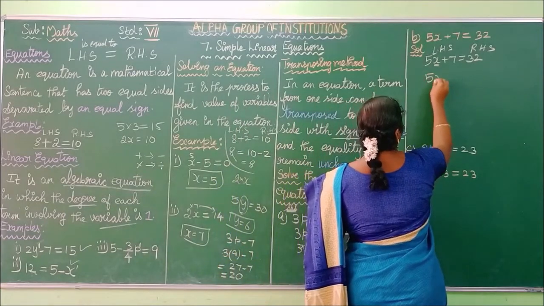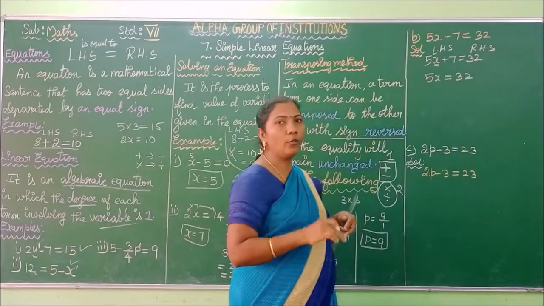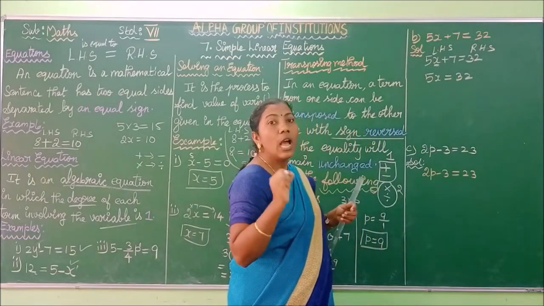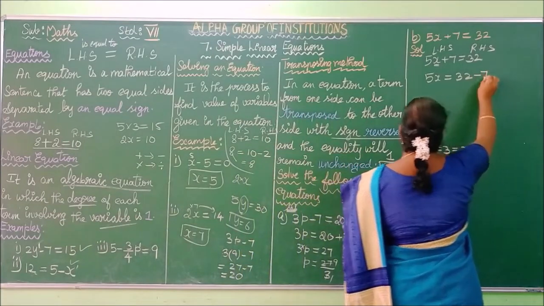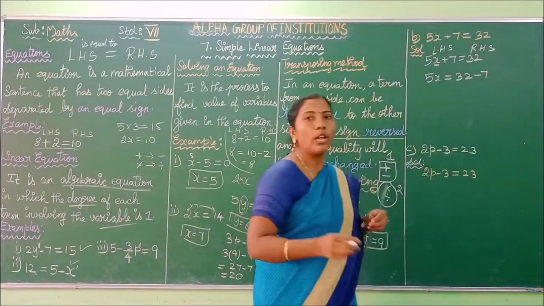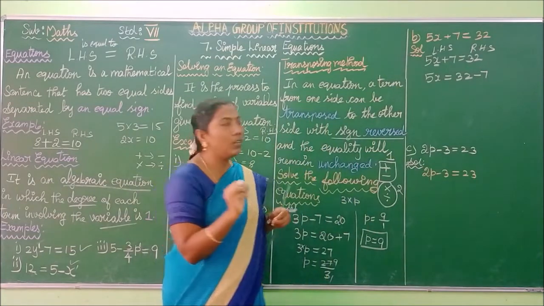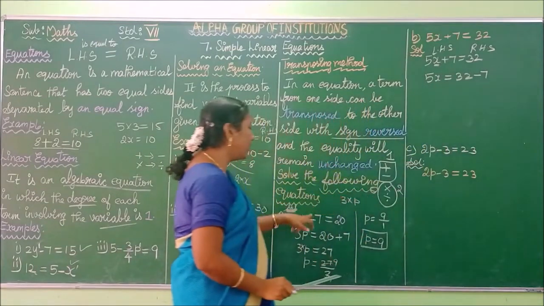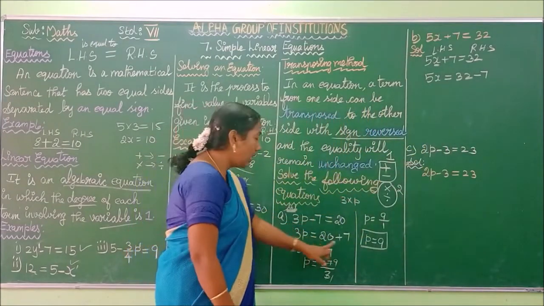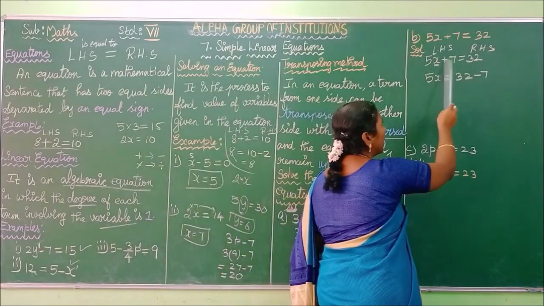So 5x equal to 32. How will we change the 7? Yes, minus 7. By the transposing method, while you are bringing a term from one side to another, its sign should be reversed. So plus is reversed as minus. Here we reverse minus as plus and multiplication as division. Similarly, here we are reversing plus as minus.